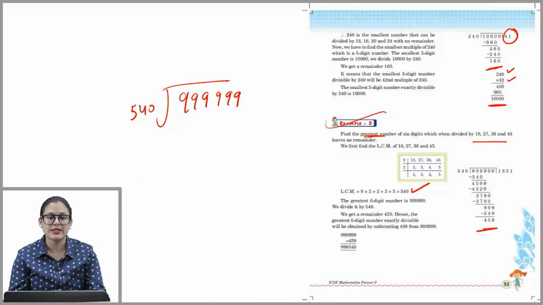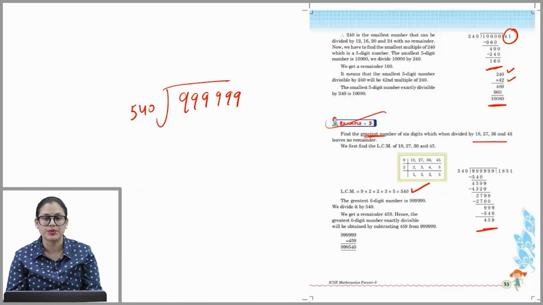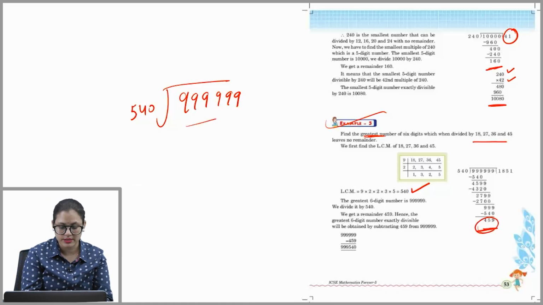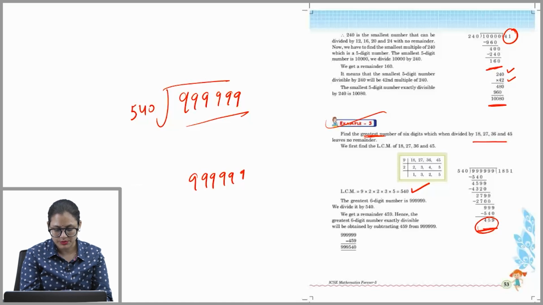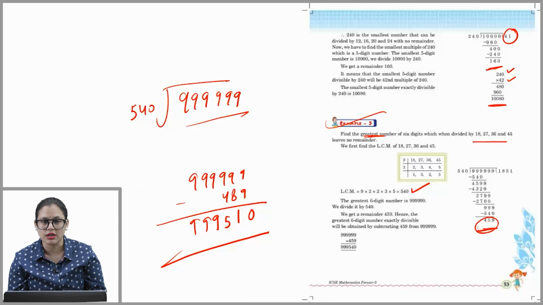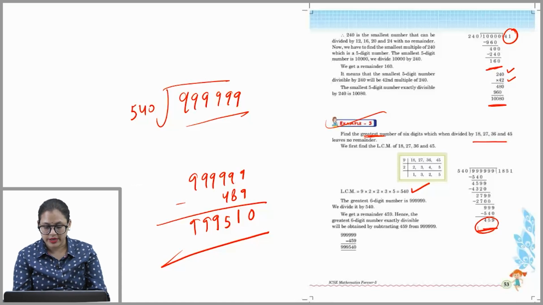Hence the greatest 6-digit number exactly divisible will be obtained by subtracting 459 from the greatest 6-digit number. You will subtract the remainder. 9 minus 9 is 0, 9 minus 5 is 4, 9 minus 4 is 5. So, this is the largest 6-digit number which when divided by 18, 27, 36 and 45 leaves no remainder.